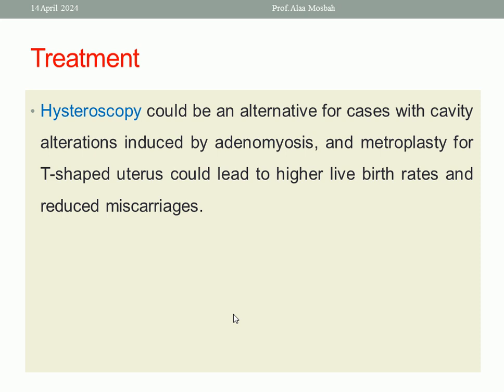So hysteroscopy again could be an alternative for cases with adenomyosis affecting the uterine cavity, and metroplasty for T-shaped uterus could lead to higher live birth rate and reduced miscarriage.